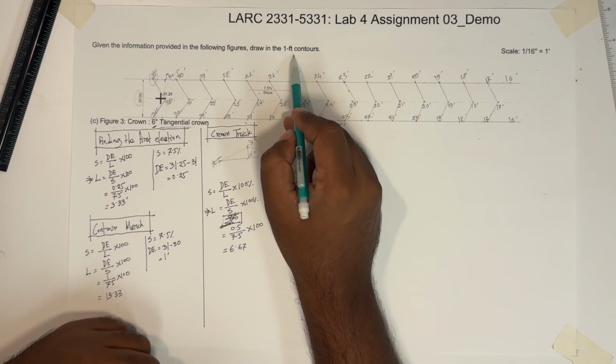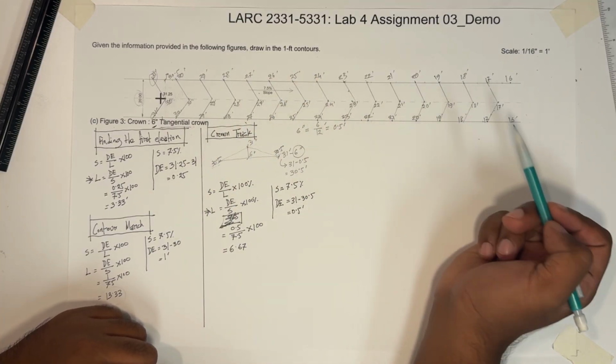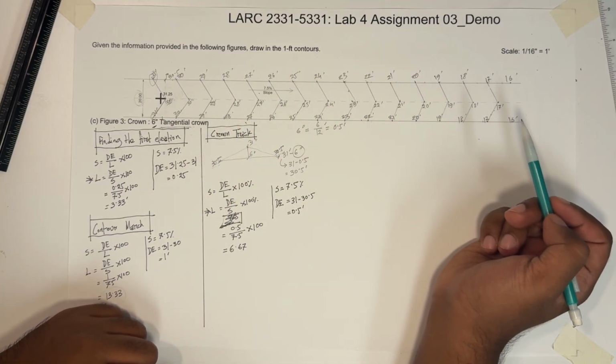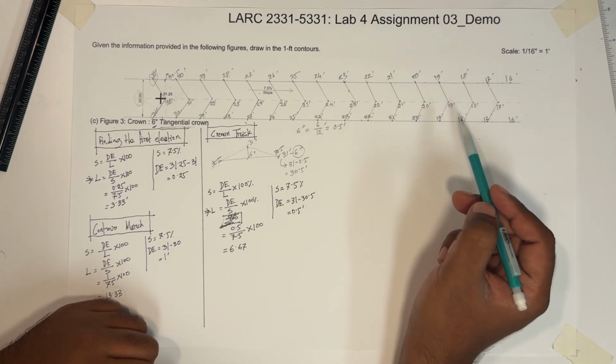That would be the 1 feet contour lines for this specific road. So that's how you solve this problem.